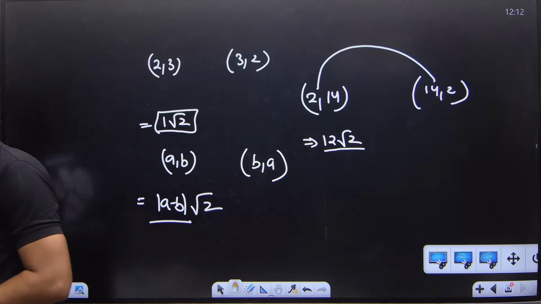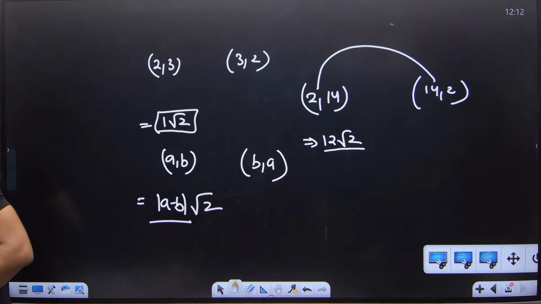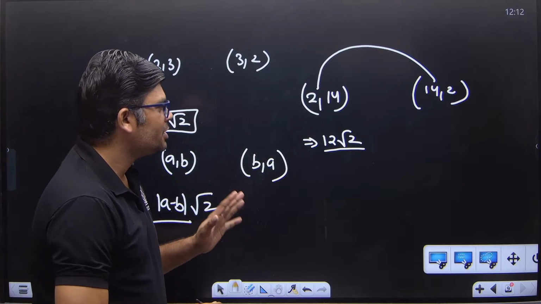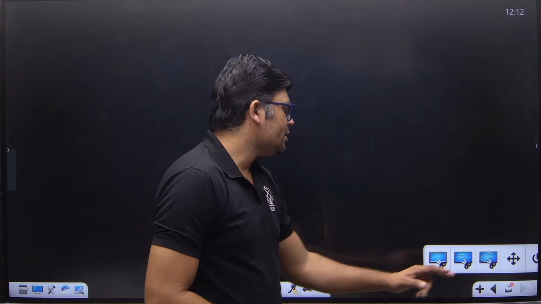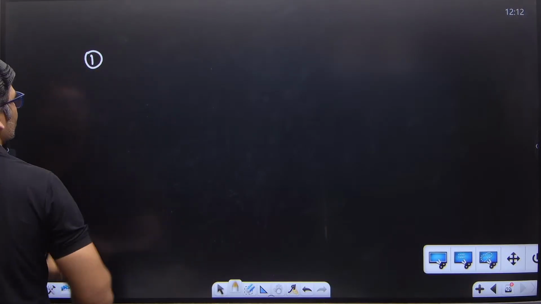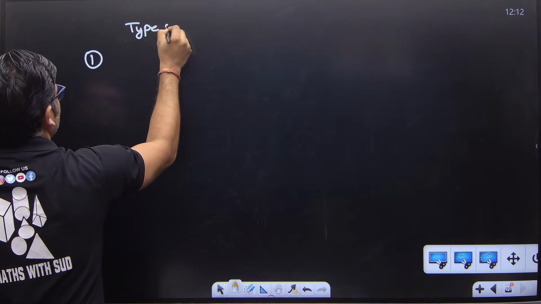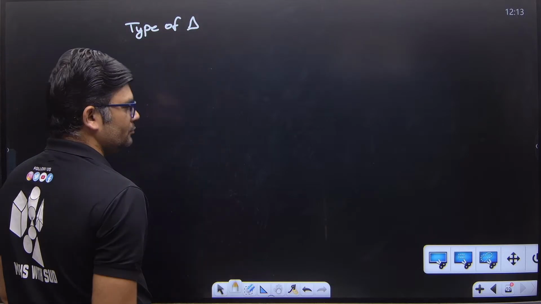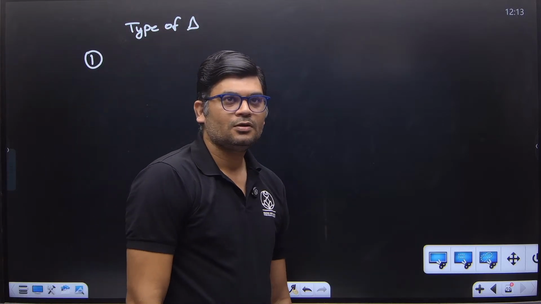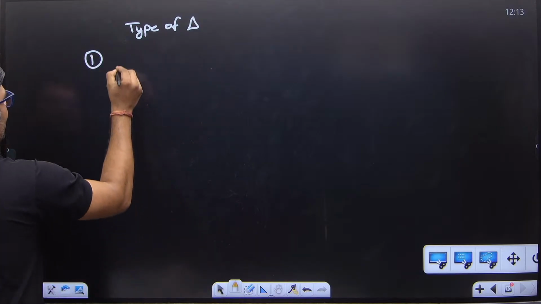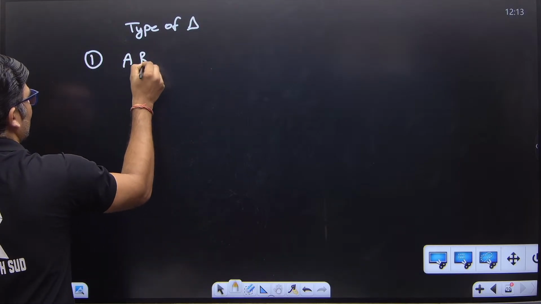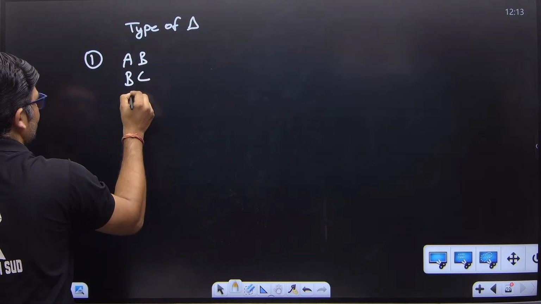Okay. Alright. Yeah. So this is from the distance formula. So in the distance formula, what kind of questions come in coordinate geometry? There are two kinds of questions. One is to find the type of triangle. So let us say that there are three sides AB, BC and CA.